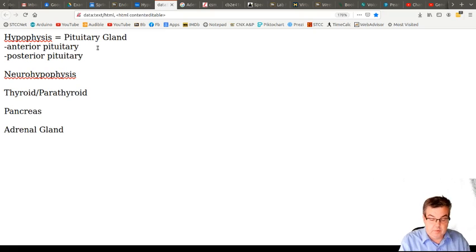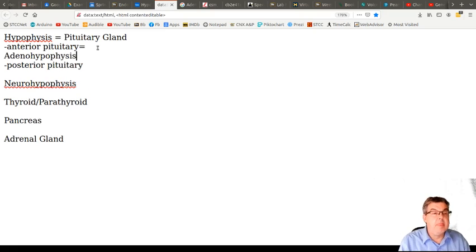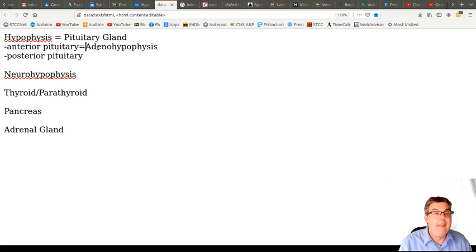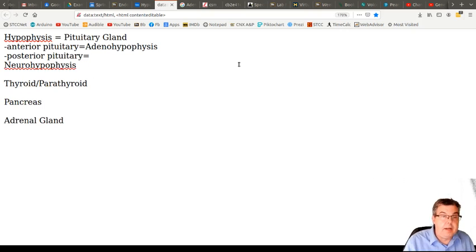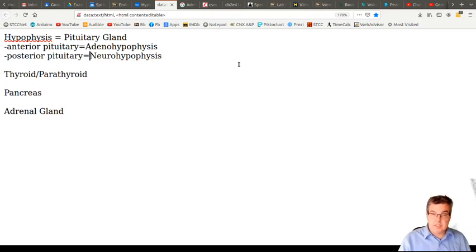The anterior pituitary is making a bunch of hormone-based, protein-based hormones, and so it's glandular tissue. It has a lot of RNA and cytoplasm, so it's darker staining, compared to the neurohypophysis, which is nervous tissue.